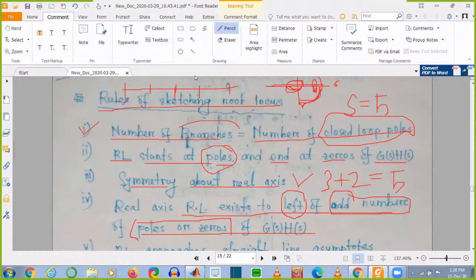So the real axis root locus exists to the left of an odd number of poles and zeros of G(s)H(s). G(s)H(s) is always there.